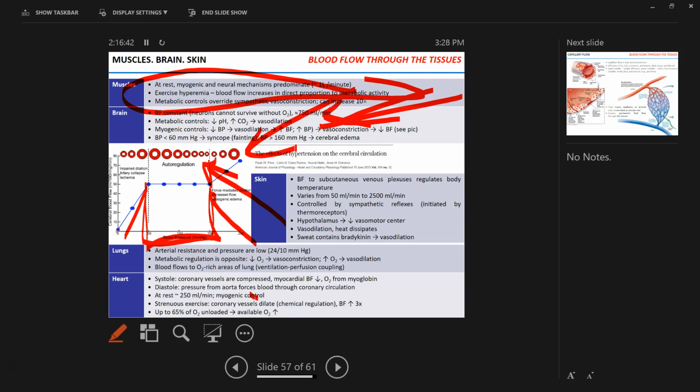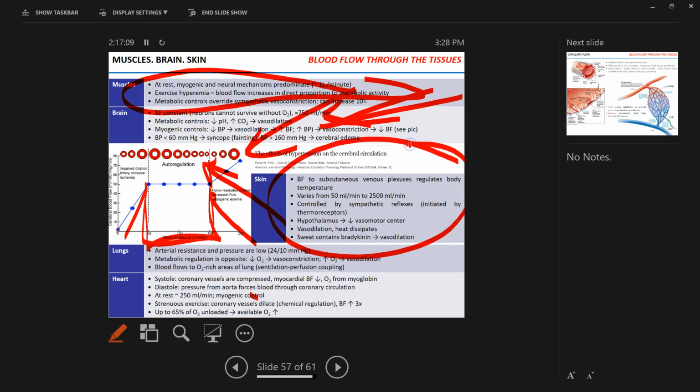So what about the CO2 amount in that particular area? It's constantly produced. So what do you need to do with that CO2? You need to get rid of it, so that local area will be perfused more. Does that make sense? So metabolic regulations in the brain are equally important.